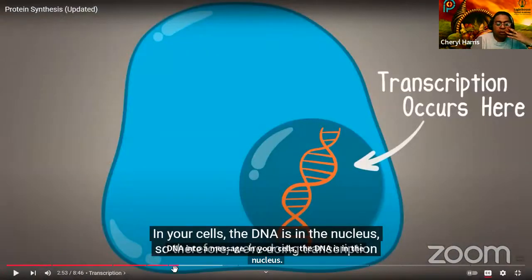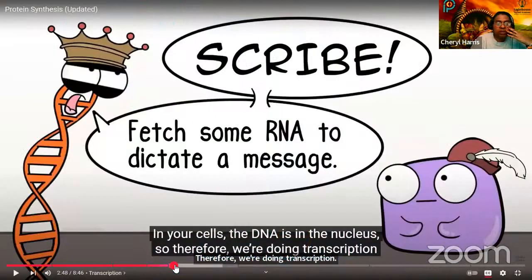Or actually, let me back that up just a little bit, because I like the way she said that. All right. So in that question on the worksheet for mutations, the relationship between DNA and RNA, this is the relationship. You can say the RNA fetches the message from the DNA, because the DNA is dictating a message.